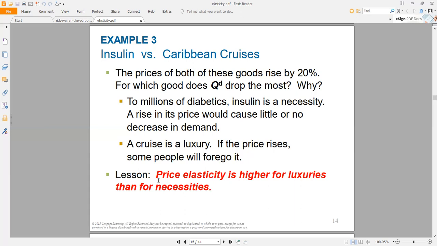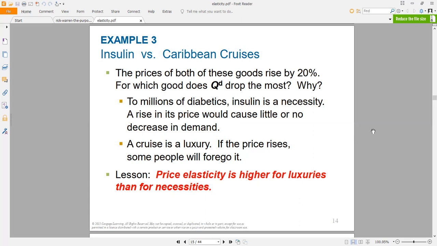If you take something like salt, it is a necessity. You can't say that now there's an increase in price of salt, and as a result, when you are cooking, you won't put salt in your food. No, you still have to. But if you take something like phones, should the price of phones be too high, people won't buy it. It's a luxury. We can do without phones, but we can't do without water. We can't do without salt.